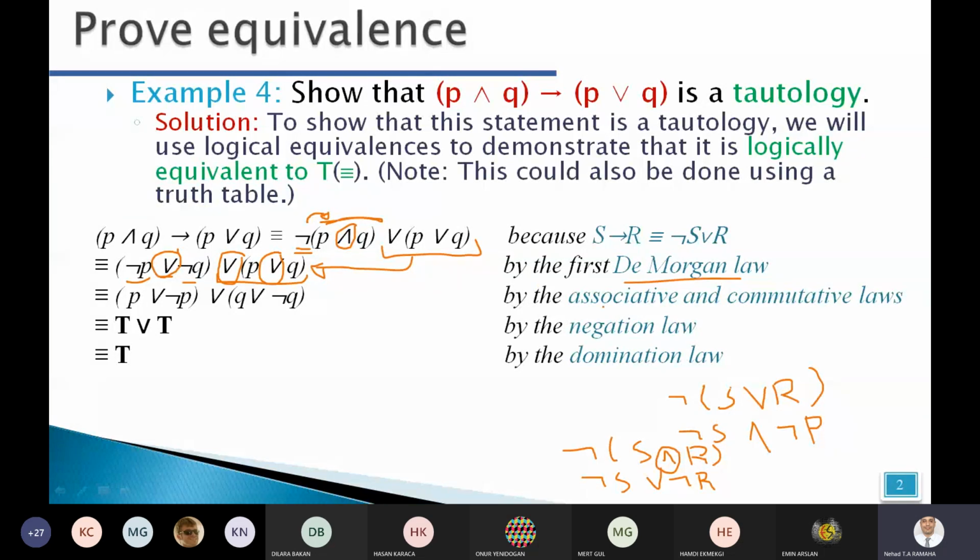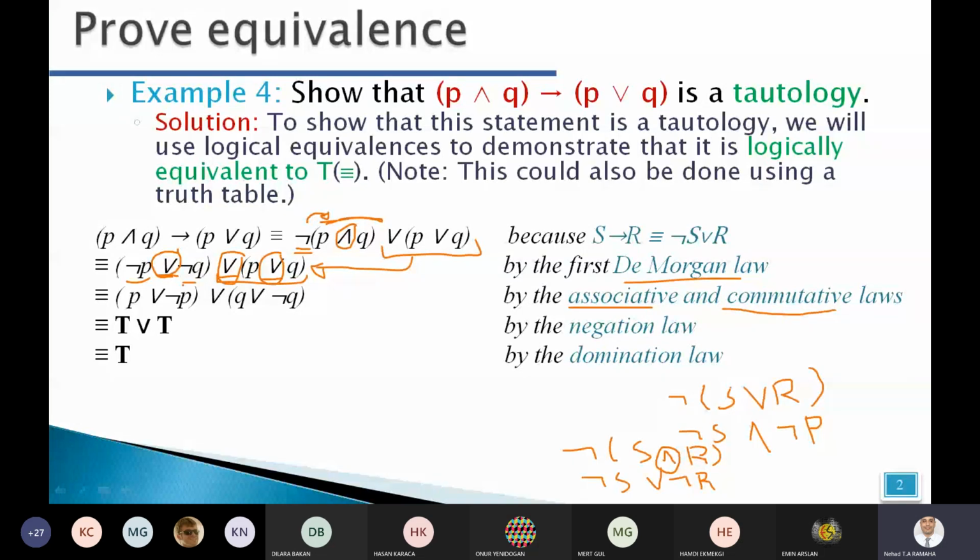So you can use the associative rule and the commutative law. You can bring any two together, you can bring one before the other one. Why? Because they have the same operator, which is or.